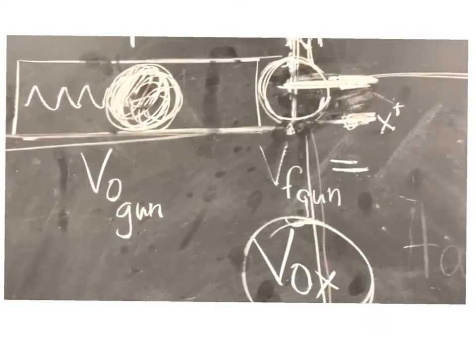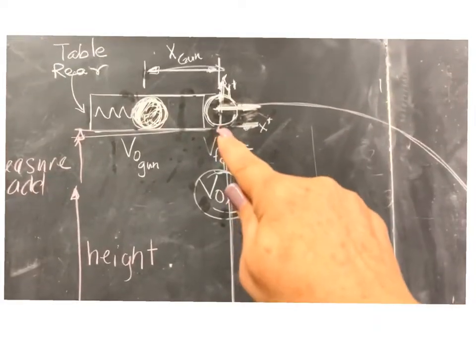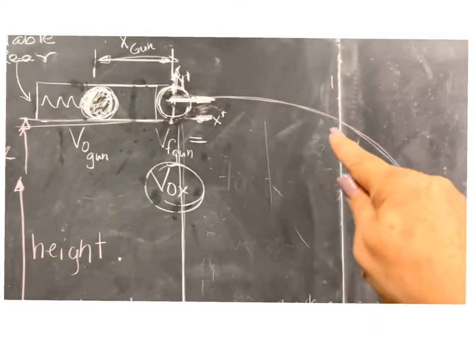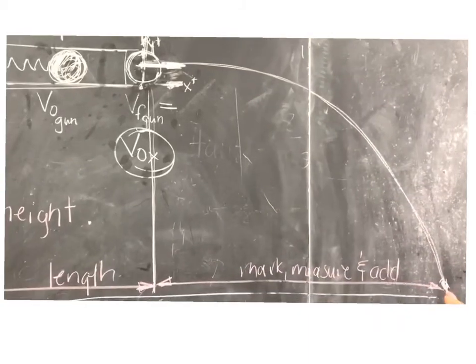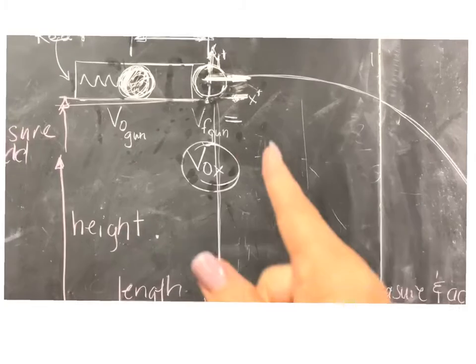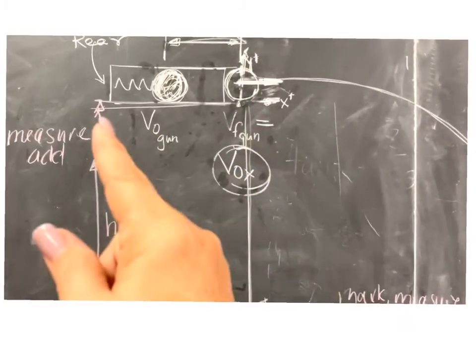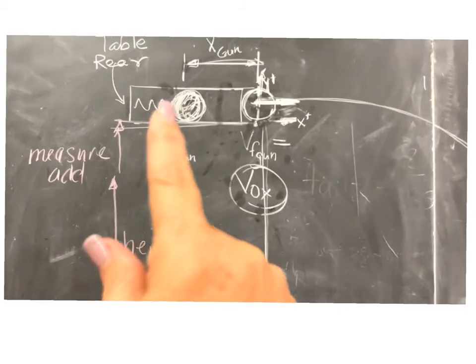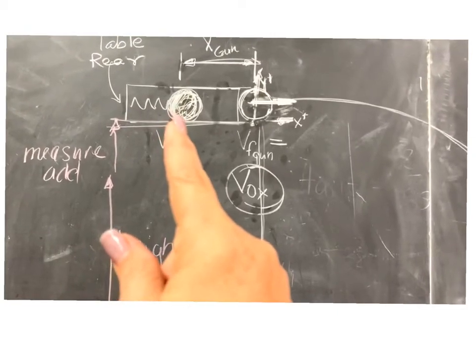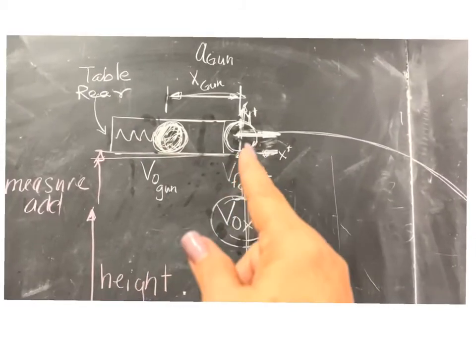So we actually have two setups here. We have one that's velocity that leaves and travels and lands, has a range of x, and in order to have this initial velocity, we actually have this gun that spring loads, and from the spring load to when it releases, we accelerate to get to this initial velocity.